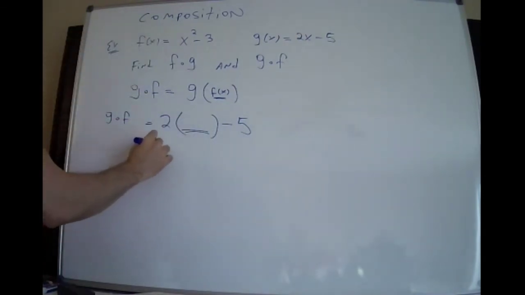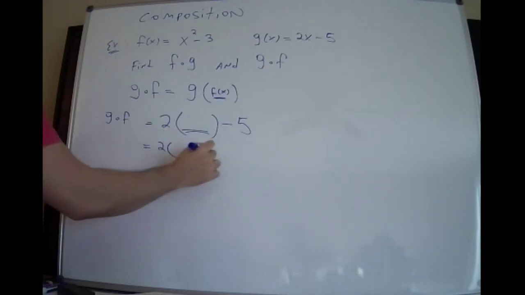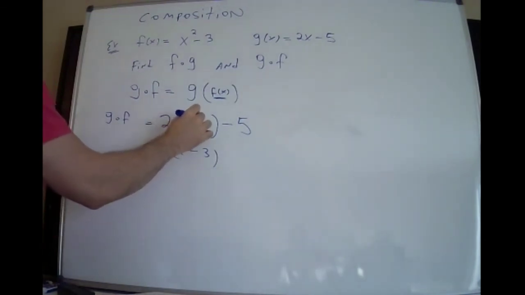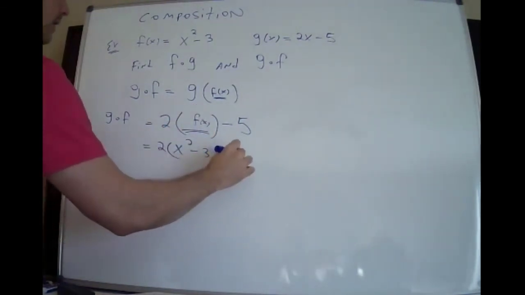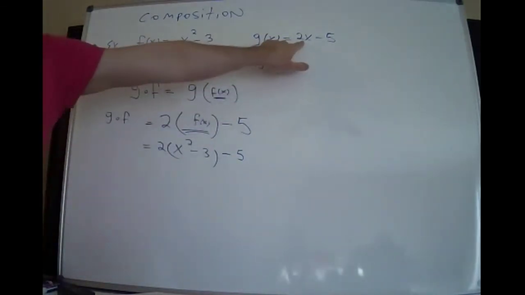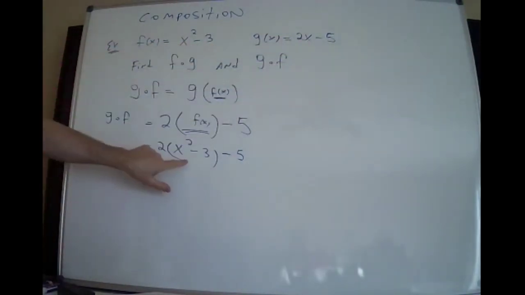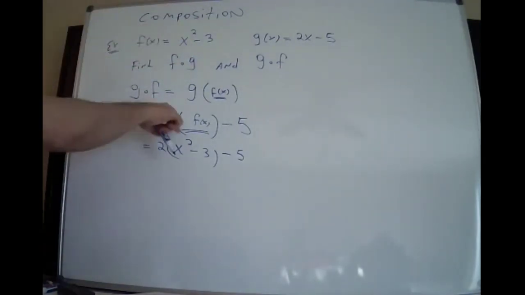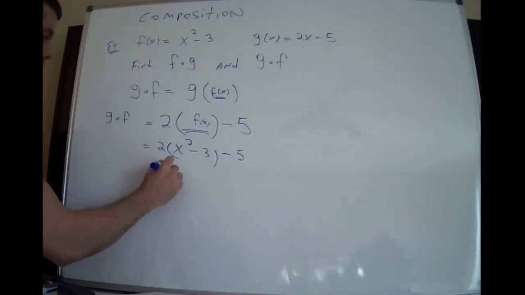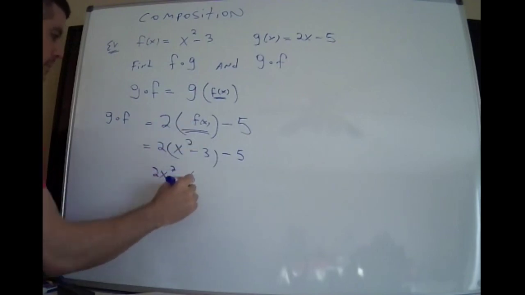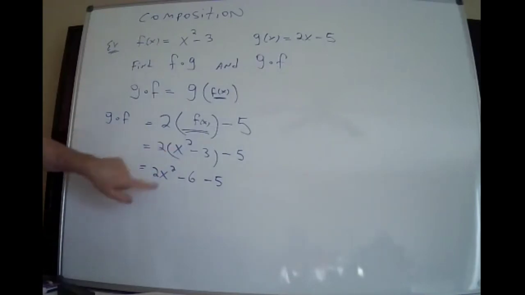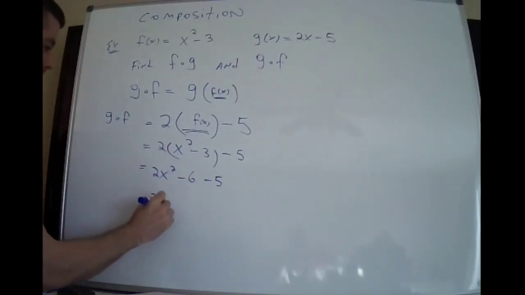So if you want, just leave it blank for a second. Maybe make it easier to see. This is where the f would go. You want to put f there. So you take the x that was in the g and you replace it with the f, which is x squared minus 3. Distribute. The 2 is going to hop the fence and say hello to everybody in the party. Don't forget that minus 5 there. So distribute the 2, collect the like terms.